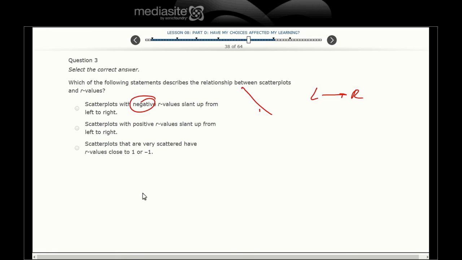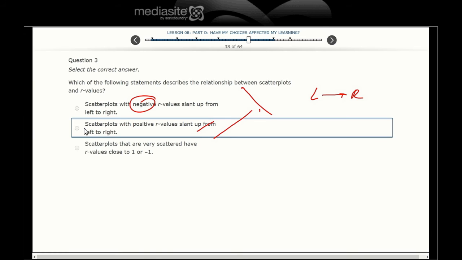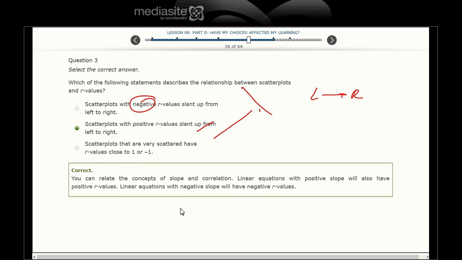No. Scatter plots with positive R values slant up from left to right. Okay, positive R value means positive slope going from left to right. Yep. Scatter plots that are very scattered have R values... No. It's got to be this guy.